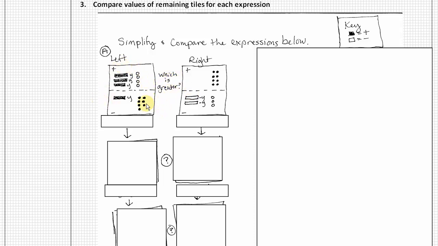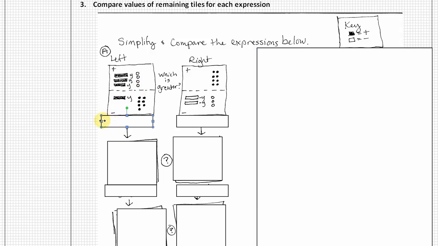So I want you to take a look at each of these expression mats and see if you can record the expression as it is represented on the mats. I tend to start with what's in the top region, and I see 3 positive y's and a negative 4.